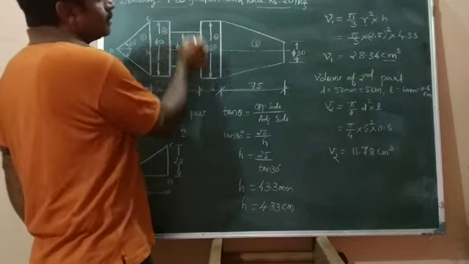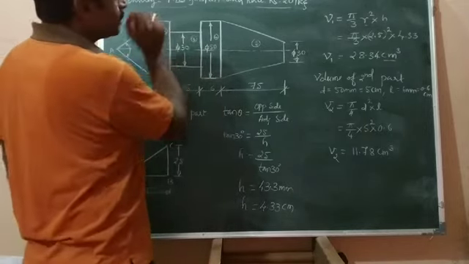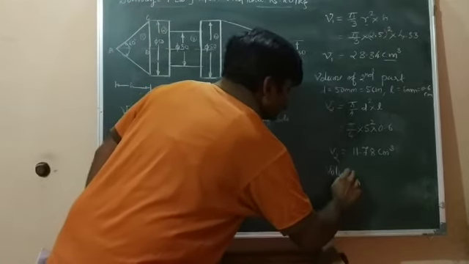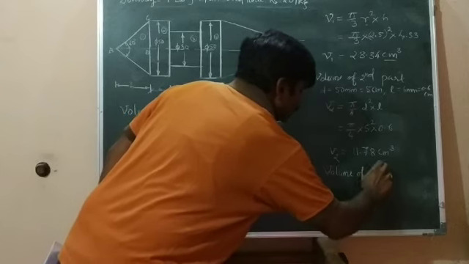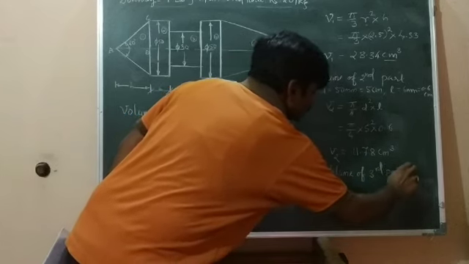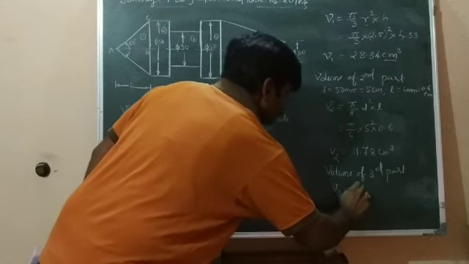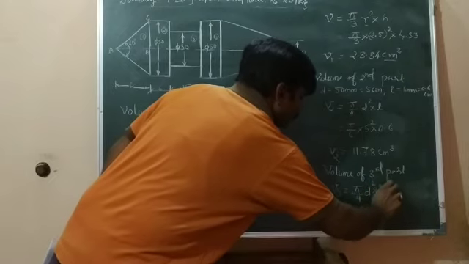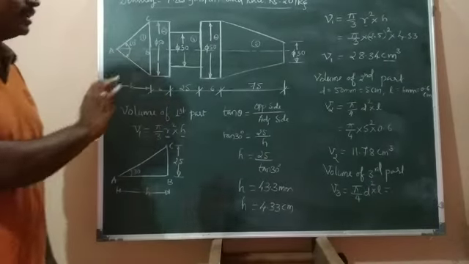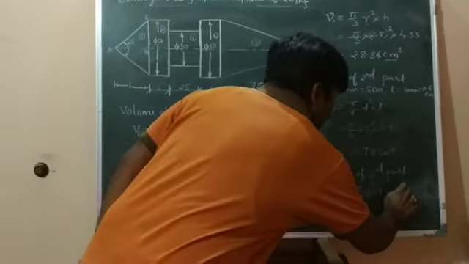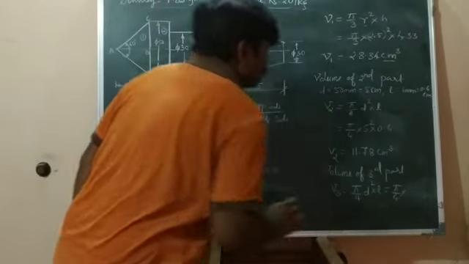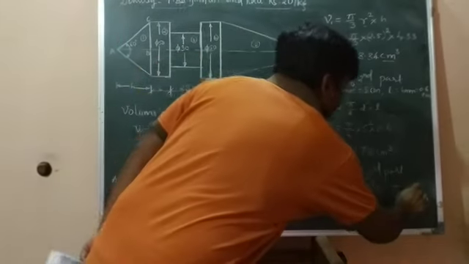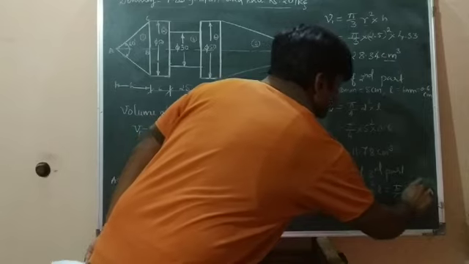Now similarly, we need to find the volume of the third part. Once again, the third part is a solid cylinder having a different diameter, that is 30 mm here. So the volume of the third part, that is V3, is equal to, once again the equation remains the same, pi by 4 d square into L. Only the diameter and length change here. Now substitute pi by 4 into the diameter of the third part, 30 mm, in centimeter 3, square is there, don't forget.